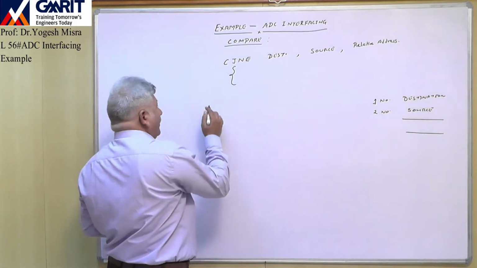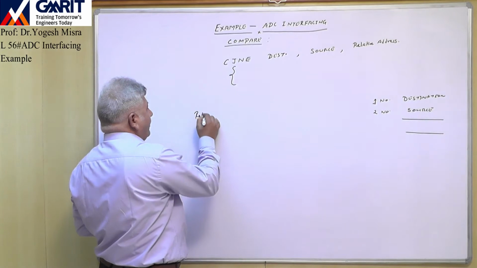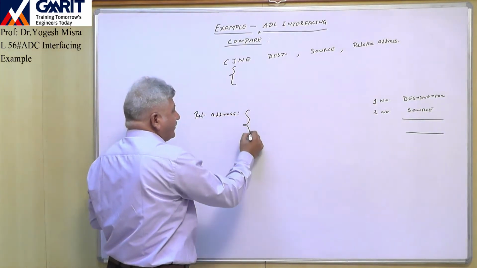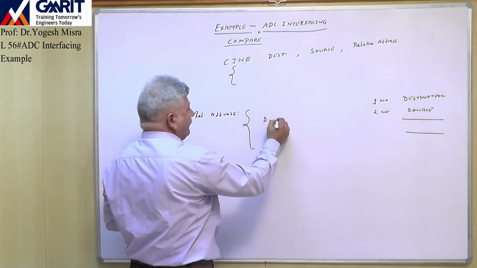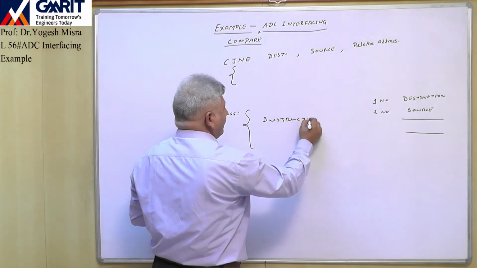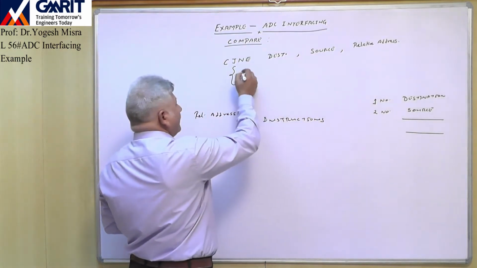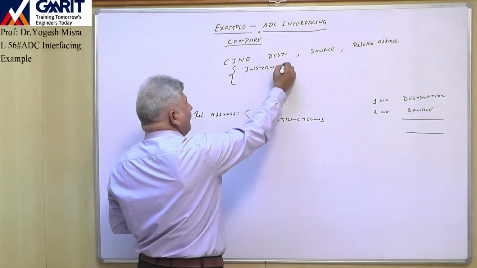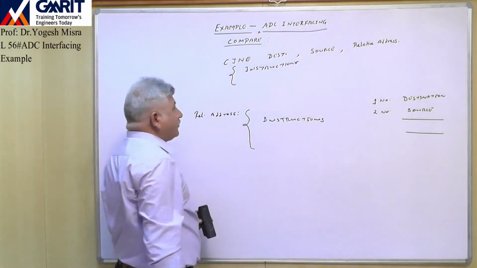So, suppose this is the relative address. At this address we have written certain instructions. Here we have also written certain instructions.